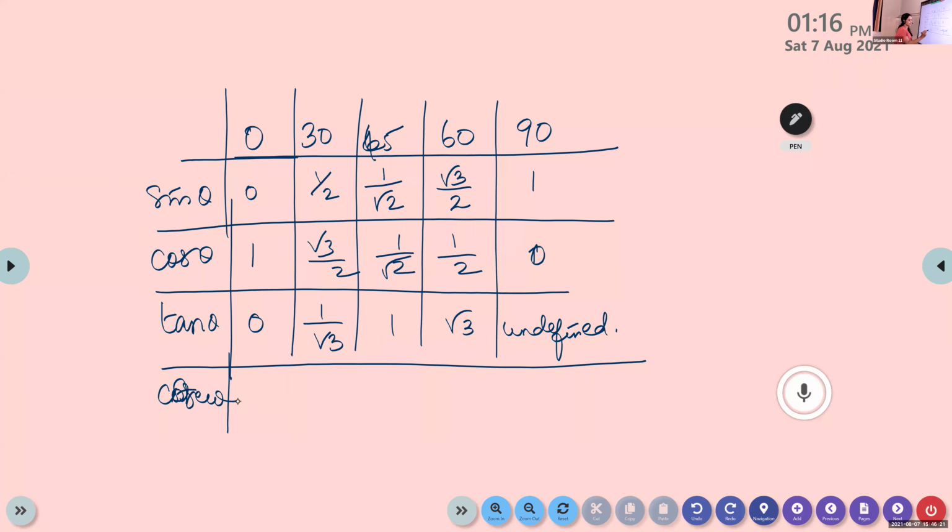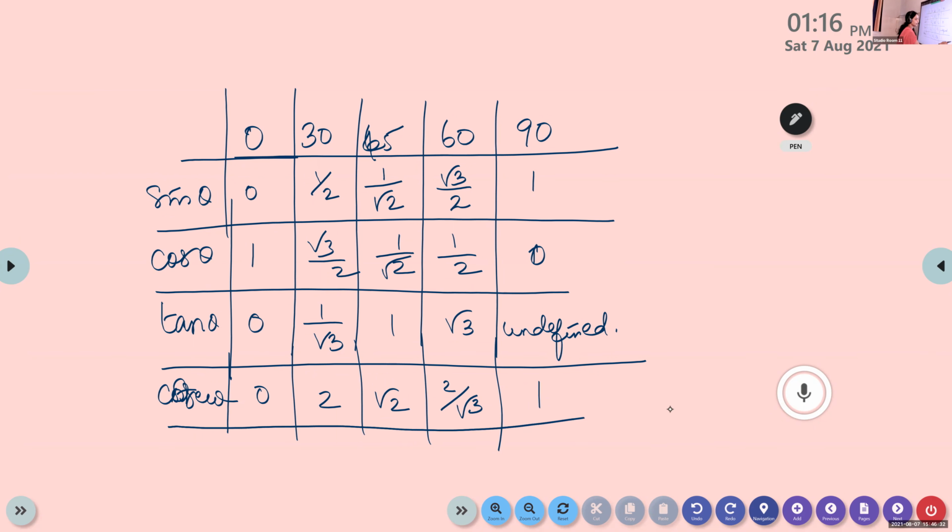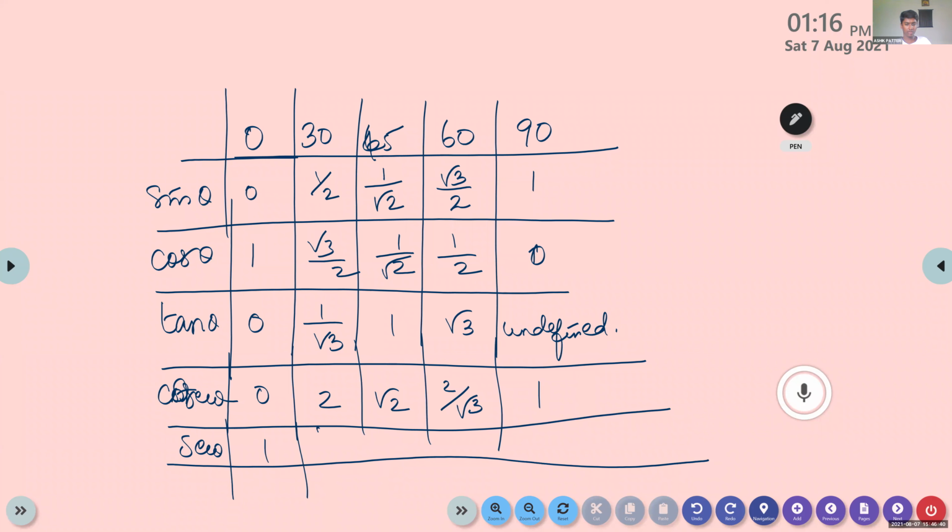First we write cosec. Cosec is 0, 2, root 2, 2 by root 3, 1. The next is sec. Sec theta is 1, 2 by root 3, root 2, then 2, not defined.